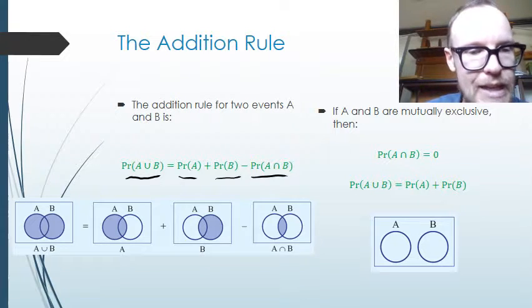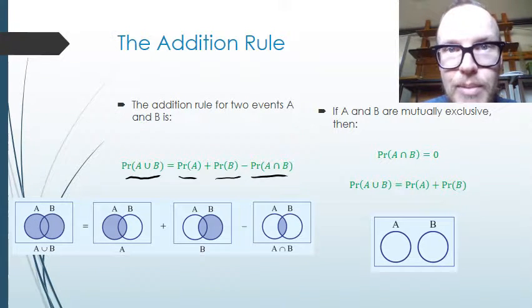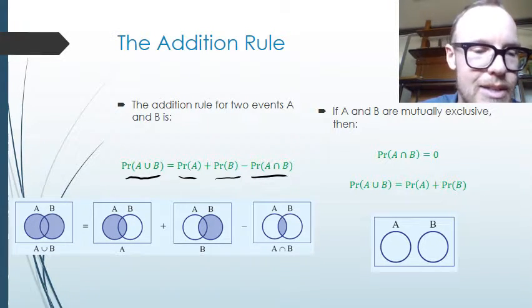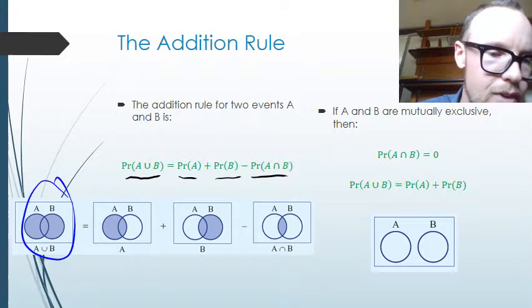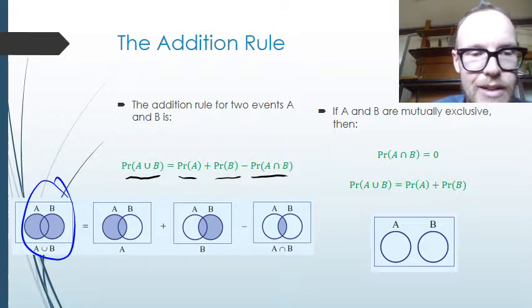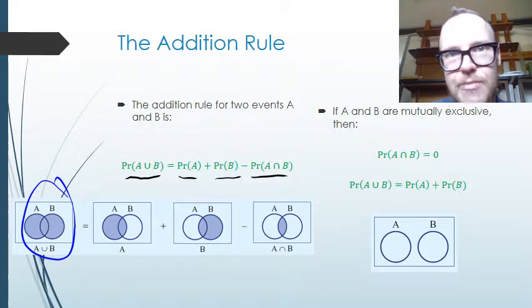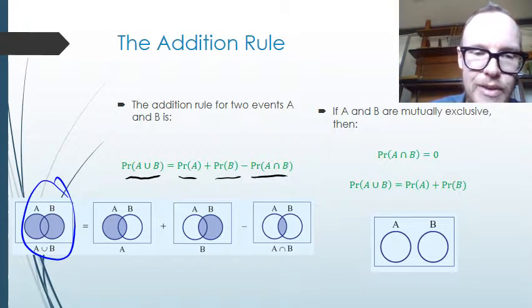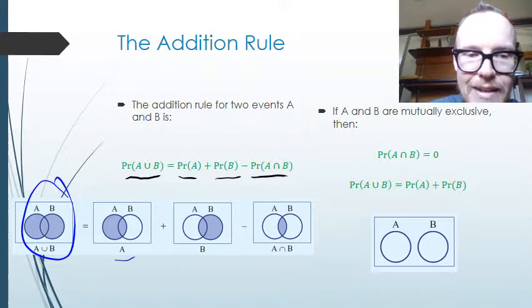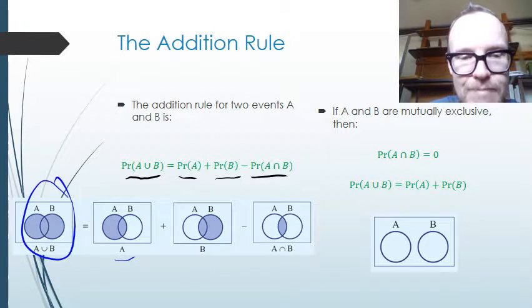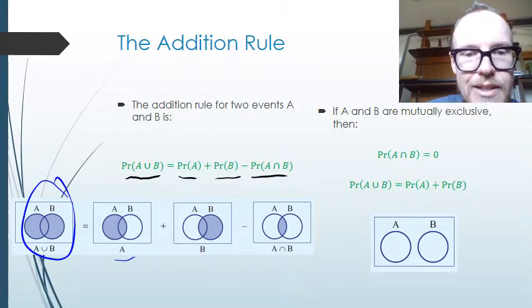If we have a look at how that might be represented in a Venn diagram, we can see that we're trying to find the union. The union is the parts that are A or B or both. The probability of A includes the intersection, and B includes the intersection as well.